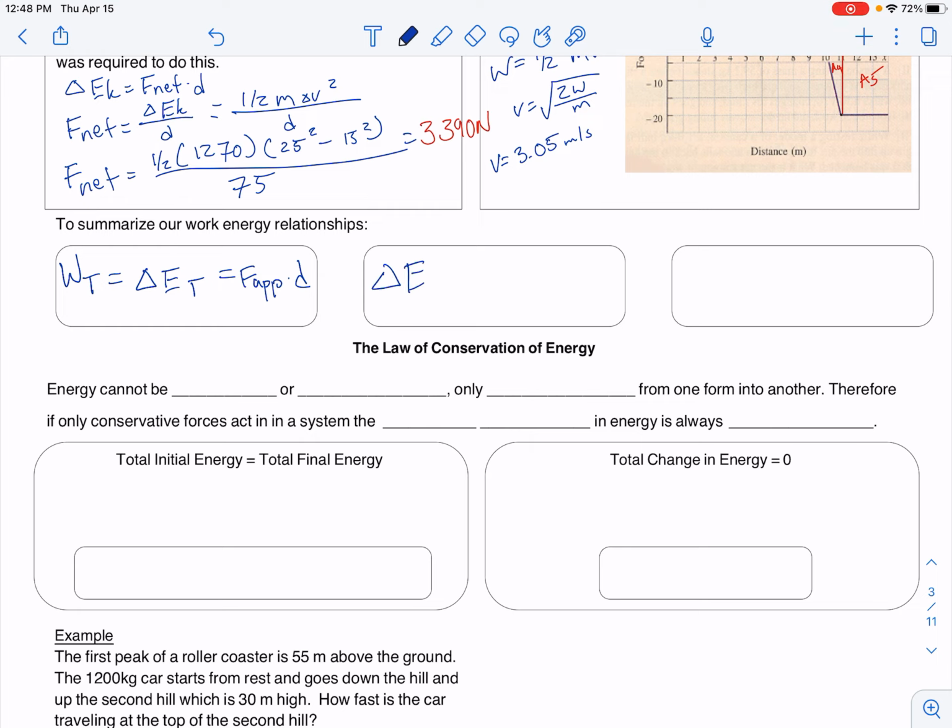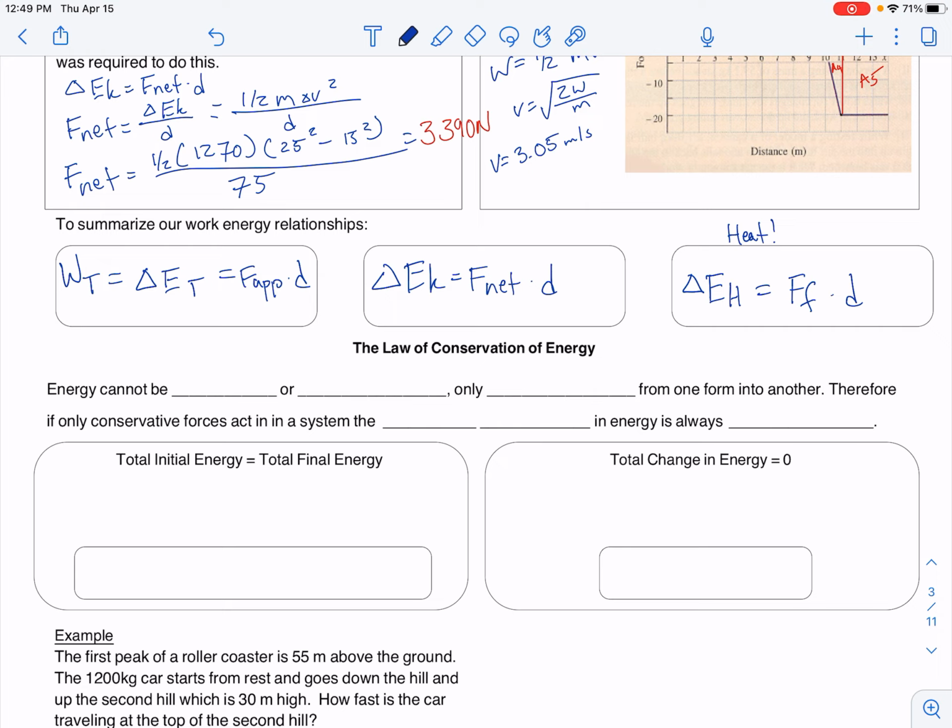Our change in kinetic energy is equal to our net force times displacement. And this is not really going to be necessary, but is helpful: our change in thermal energy is going to be our frictional force times distance, or displacement.